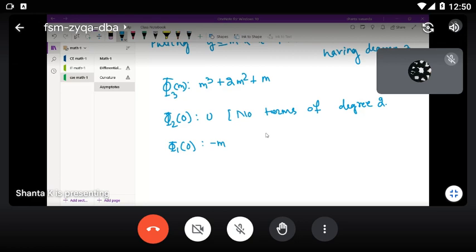Here again, y equals m, x equals 1 in the degree 1 terms.